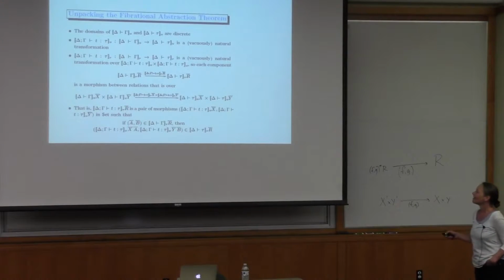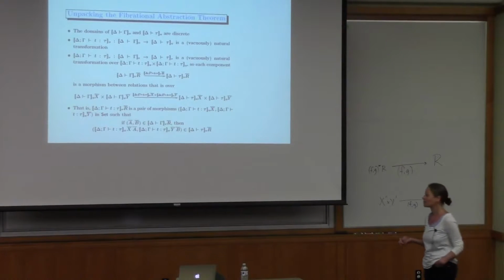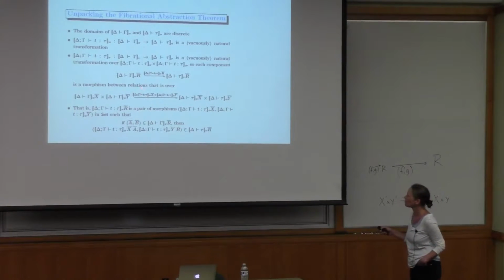Well, it's just a pair of morphisms between the object interpretation of the term with respect to the domains and the object interpretation of the term with respect to the codomains. So I've called my pair of maps this thing and this thing.